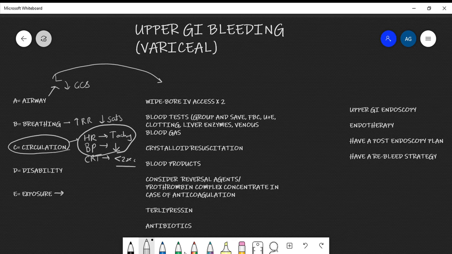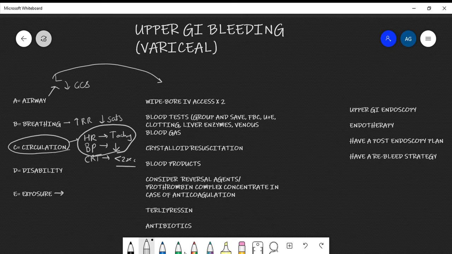Now you've put your cannula in. You've sent all these tests, and in the initial phase, your patient is unwell, they are hypotensive, they are tachycardic, and you want to give them some fluid resuscitation. And initially, you do that using crystalloids. So the end goal is to replace blood with blood. So whatever blood they've lost, you want to replace it with blood products.